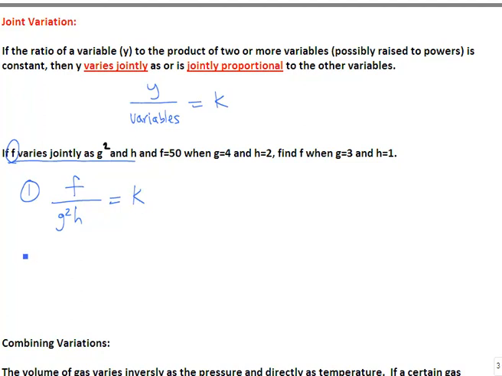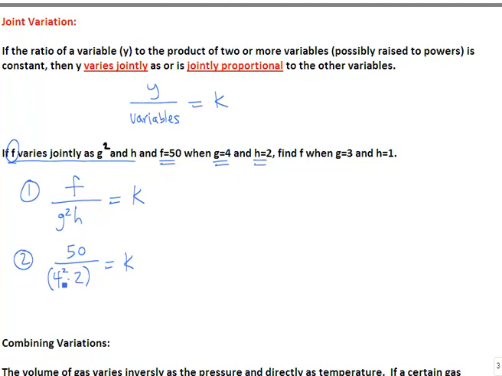Once we have that set up, we're going to solve it just like we've been doing. So let's substitute in f is 50 when g is 4 and h is 2. So I'm going to put 50 in for f, 4 in for g, and remember that's getting squared, and h is 2, and all of this is supposed to equal k. Now if you're going to type all of this in your calculator at once, you want to make sure that you put parentheses around this whole expression in the denominator.